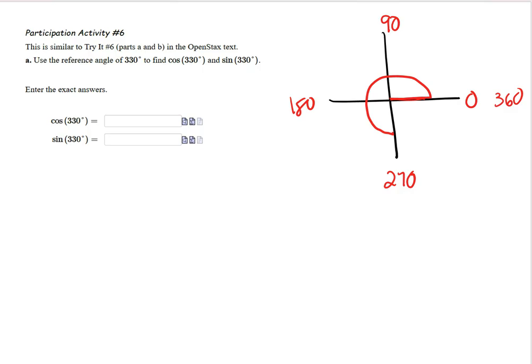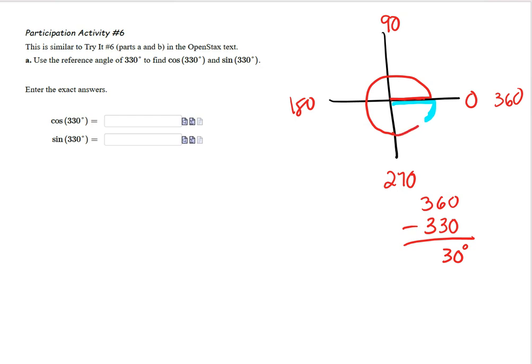330 degrees, okay, I need to draw it off of the x-axis. You've got to draw it from here going this way. So take 360 minus 330, and you get a 30-degree angle.